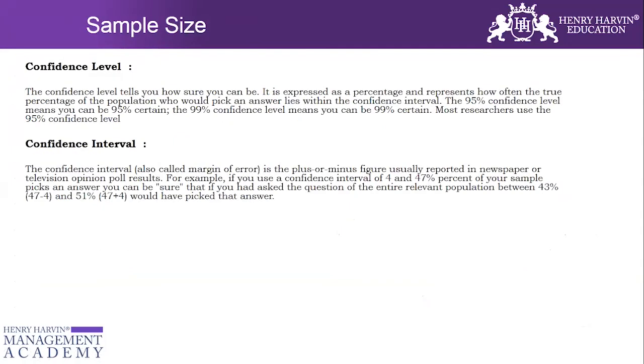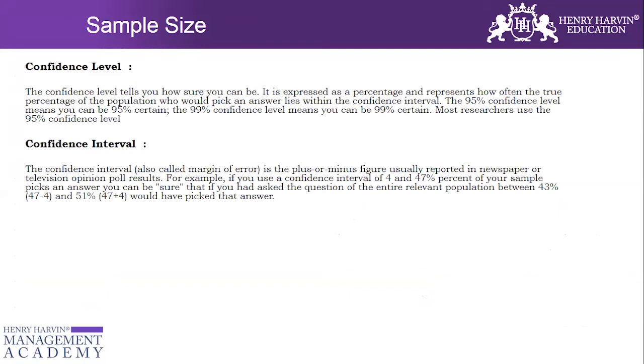Now, under sample size, we're going to talk about how to come up with the right sample size. For that, we need to understand two different concepts. First is called the confidence level, and the second is called the confidence interval. The confidence level tells me how sure I am.